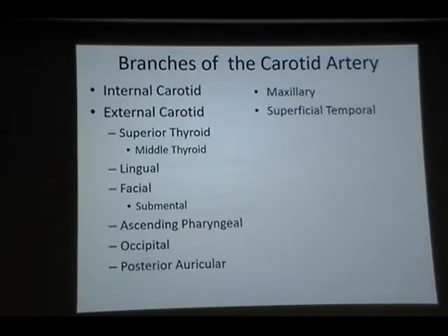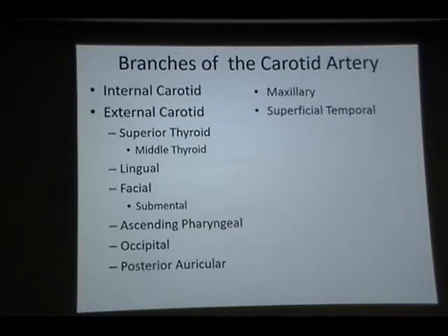So the external carotid is what gives off all of the branches to the face and the upper neck. The first branch is the superior thyroid artery off of the external carotid, just after it splits at the carotid sinus and becomes internal and external. Internal is a little bit more posterior, external a little bit more anterior to the split.